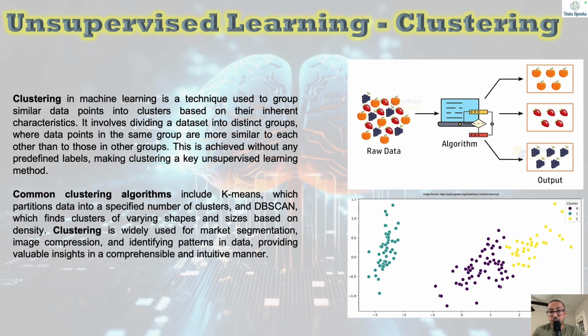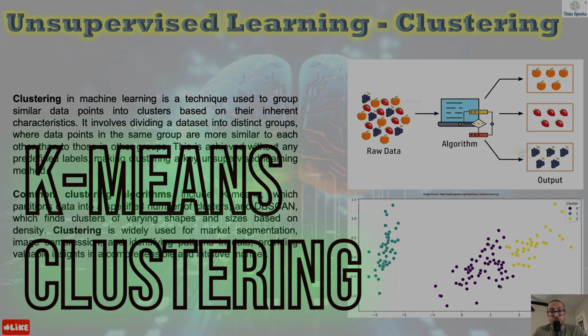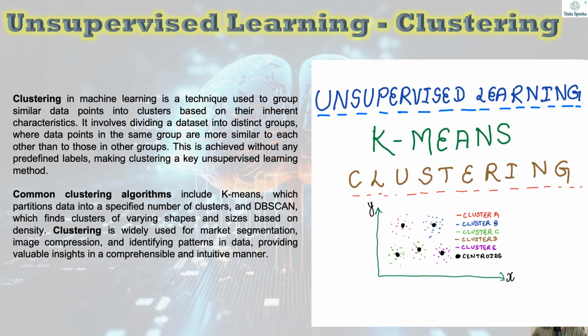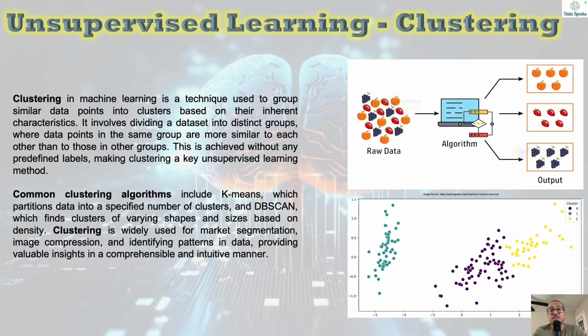There are various clustering algorithms, each suited for different types of data and different types of problems. One of the most popular clustering algorithms is k-means clustering. We will be talking about different types of clustering techniques here. I'm just taking a name for the examples, but we will dive super in depth into each of those clustering techniques as we go into the specific topics in our next videos on my YouTube channel.